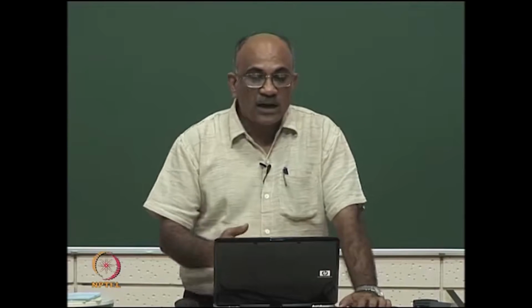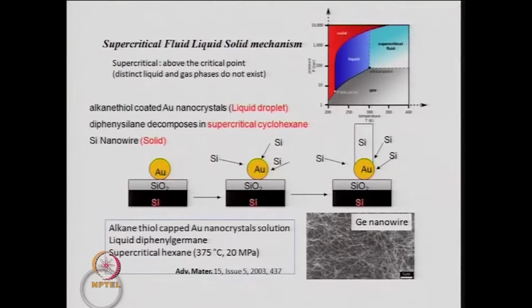Now, going into another methodology of making nanowires, this is called the supercritical fluid liquid solid mechanism. So, what are supercritical fluids? Basically, in physical chemistry or chemical engineering, you may be aware of liquids which cross a certain critical point in the phase diagram.